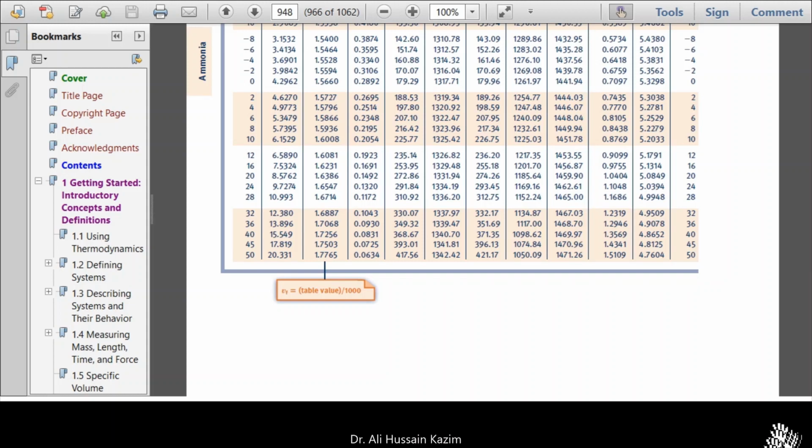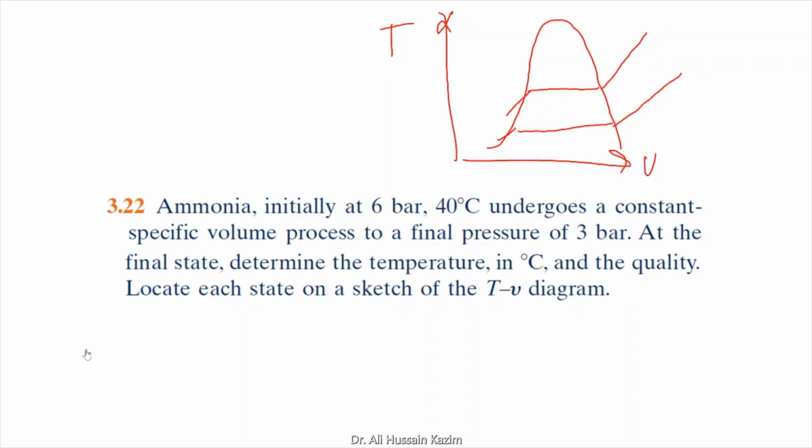So if we consult this table, at 40 degrees Celsius, then this pressure line is 15.49 bar, and the line of 6 bar would be below this 15.49.